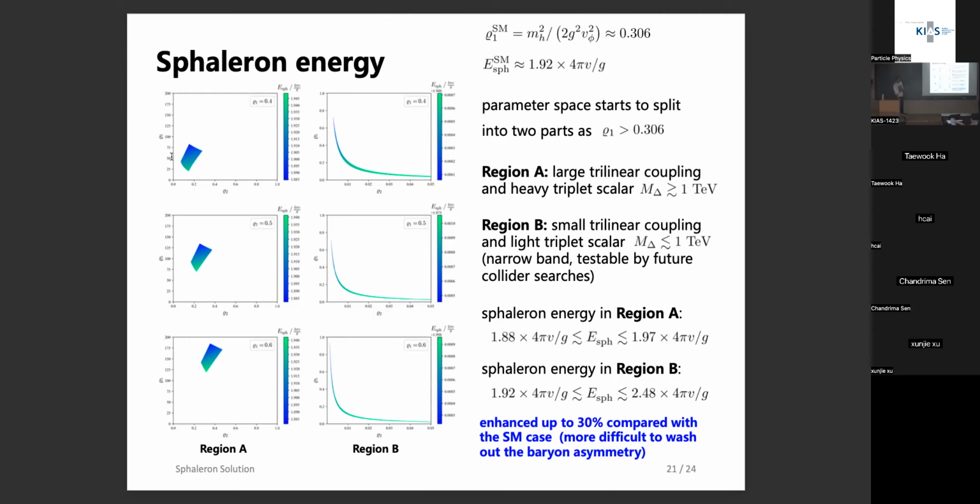So this is not a first order phase transition, which means the baryon symmetry will be washed out. And in a BSM model, in general, you can have a Sphaleron rate that is smaller than the standard model case. So the baryon symmetry can be guaranteed.